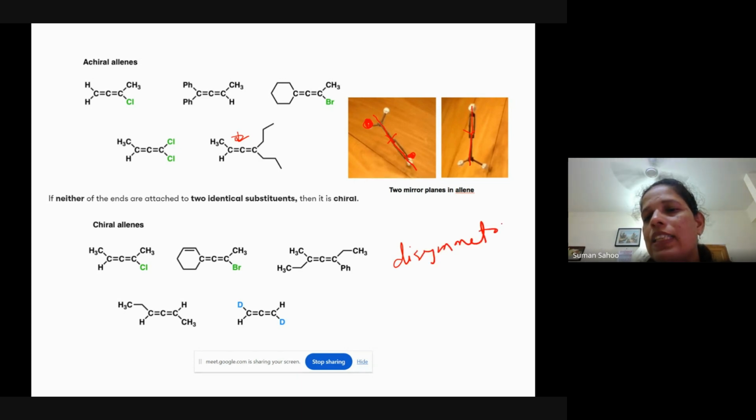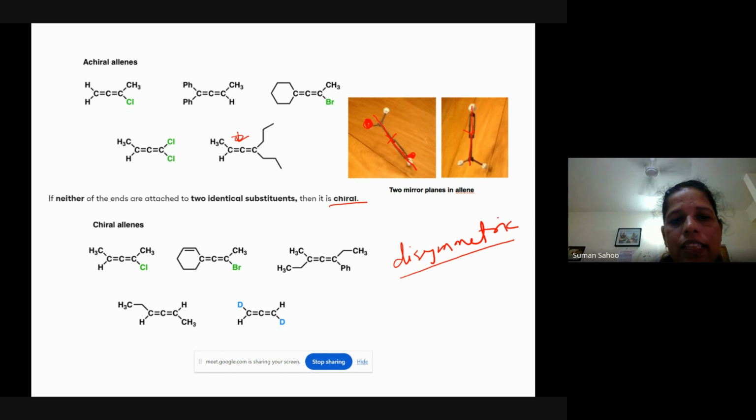Asymmetric is when you have no plane of symmetry and no rotational symmetry. But here we do not have a plane of symmetry or any alternating axis of symmetry. So for that reason, when you have different substituents, the molecule is chiral, or we can say it shows optical isomerism.